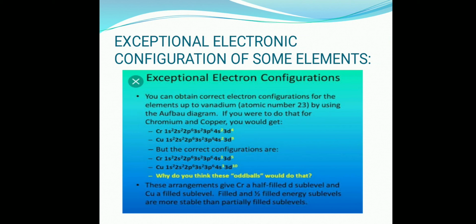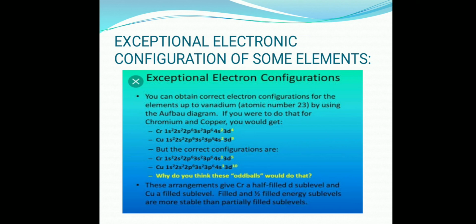Why do you think these oddballs would do that? These arrangements give chromium a half-filled d subshell. For copper it gives a filled subshell. Means filled and half-filled energy subshells are more stable. Here in chromium we can see 1s2, 2s2, 2p6, 3s2, 3p6, 4s1 and 3d5.